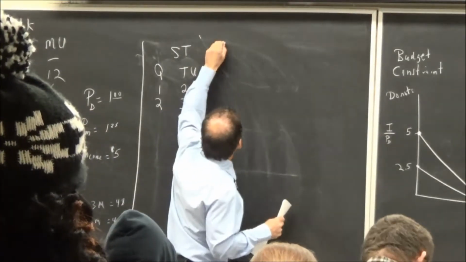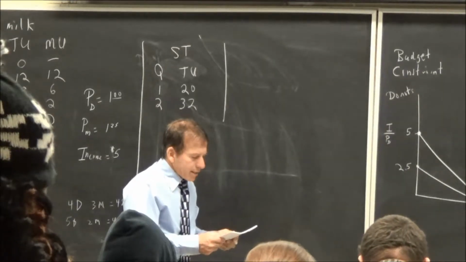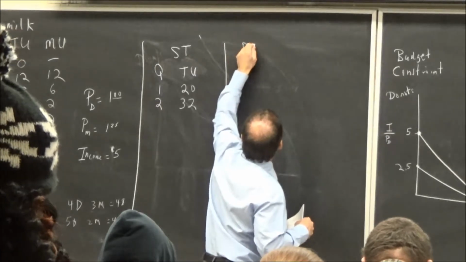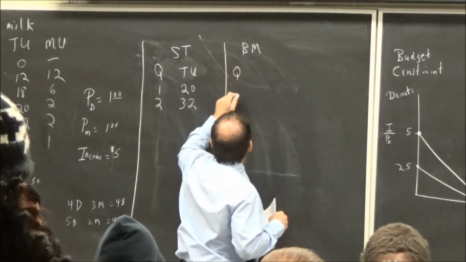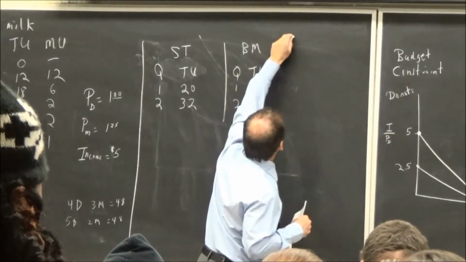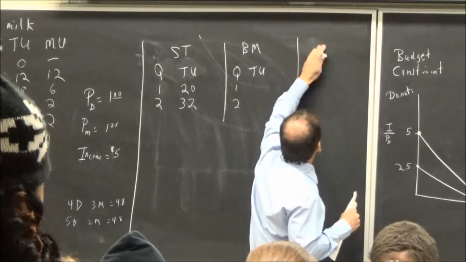The next item on Jack's list here is Big Macs. He looks at Big Macs, and he's got a quantity of Big Macs of 1 and 2 also, and a total utility of Big Macs. Then the third one is going to be the chicken sandwiches.